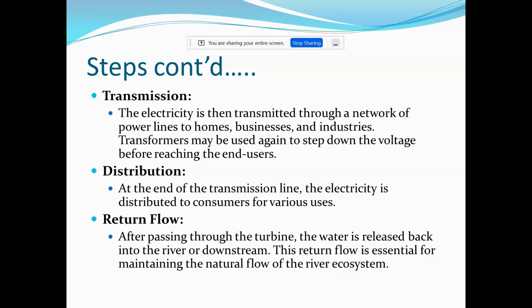Transformers may be used again to step down the voltage, because there are industries and homes that use lower voltage. In industries we use 415, 400, but in our normal homes or businesses, we use 220 to 240. Therefore, there is need for stepping down the voltage to a usable level.